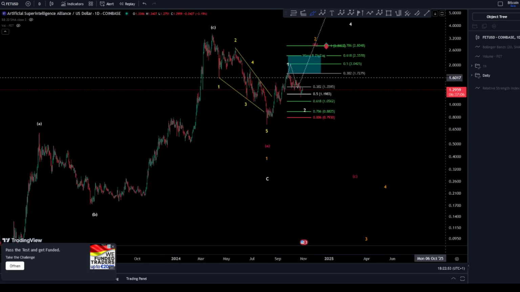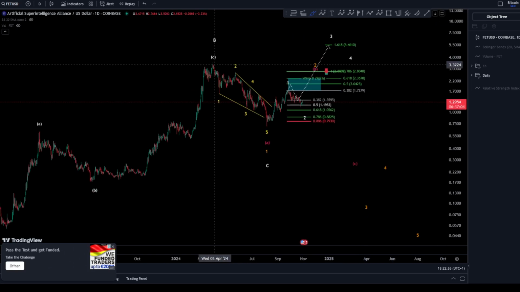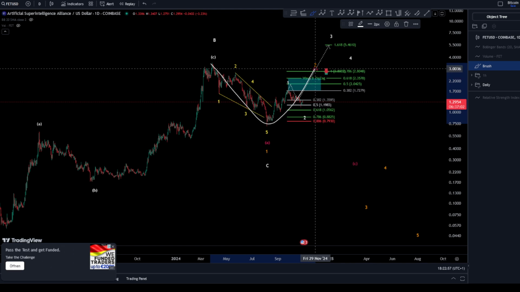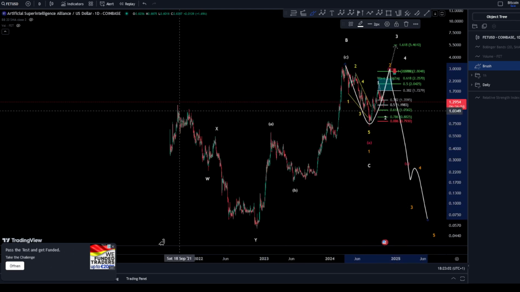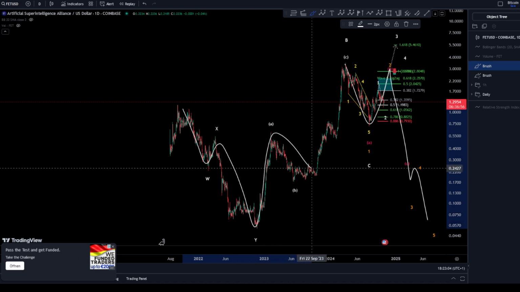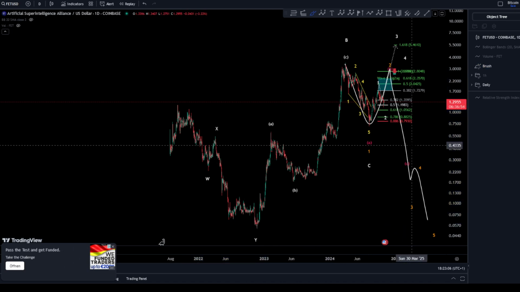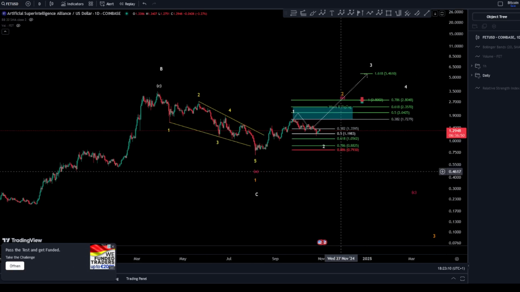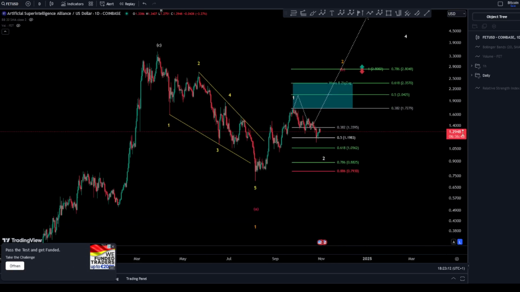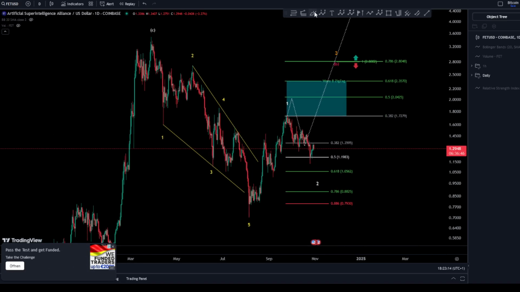You are looking for a big 1, 2 here with 5 waves down, 3 waves up, and then 3, 4, 5 to finish again your expanding flat, which has already started.